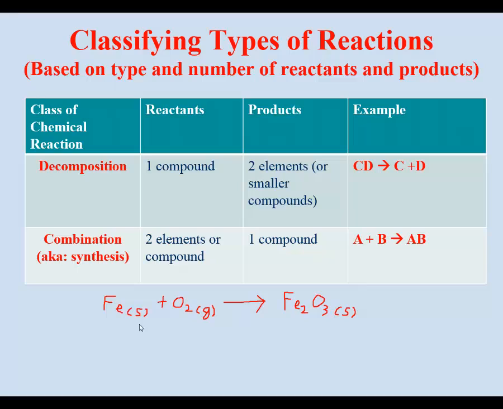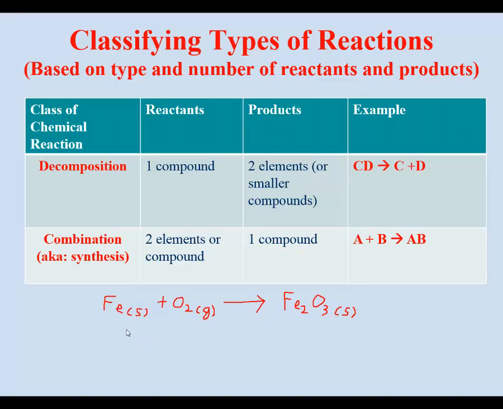In those cases, that would also be considered a type of combustion reaction. But whenever I see oxygen combining with another element, we can define that in the strictest sense as combustion. So in a sense, rusting of iron is a very slow combustion process. But we can also define this as combination or synthesis, with oxygen combining with iron to form rust here.